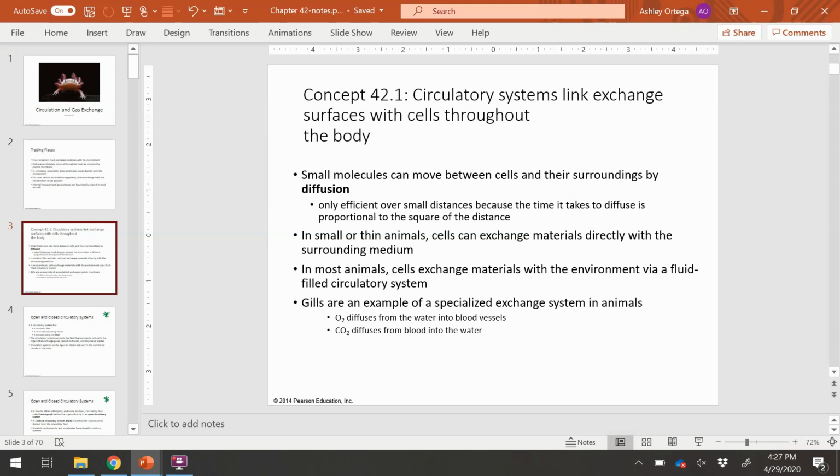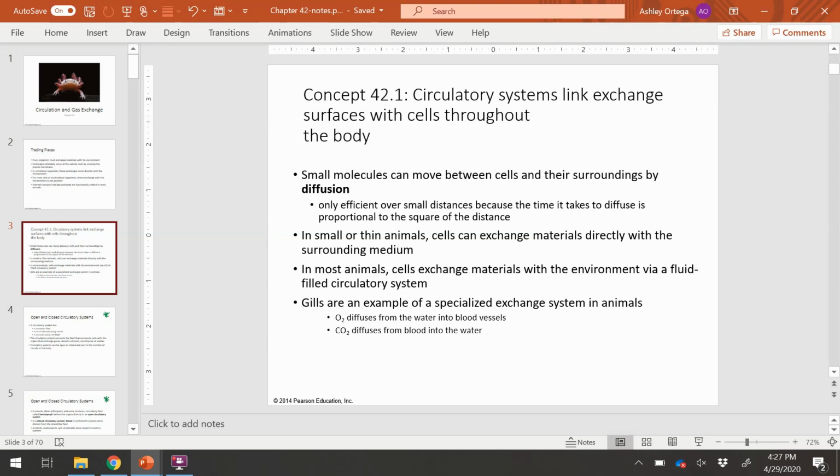And the answer is the circulatory system. Through the tiny network of capillaries, these red blood cells containing oxygen will transport that oxygen to every body cell. And so in this chapter, we'll look at how that occurs.